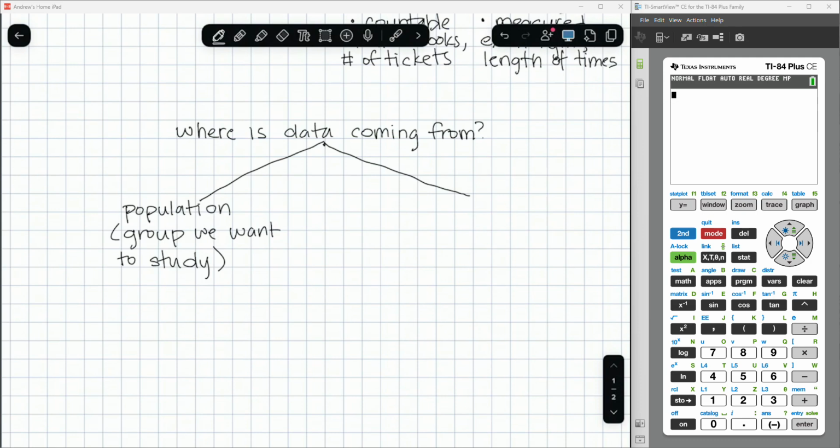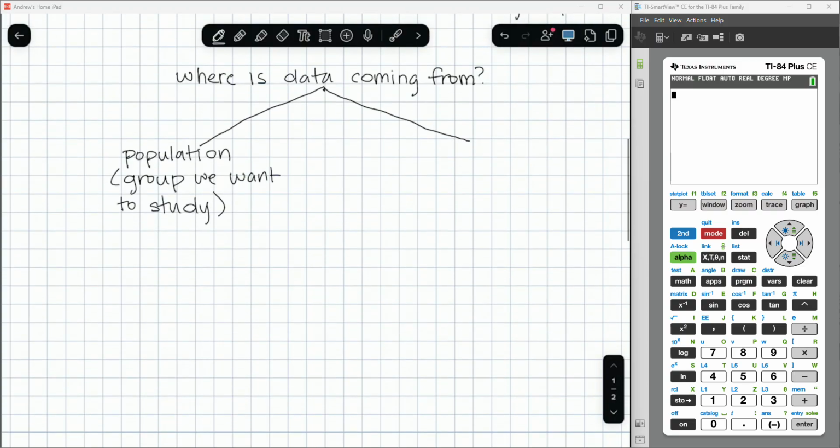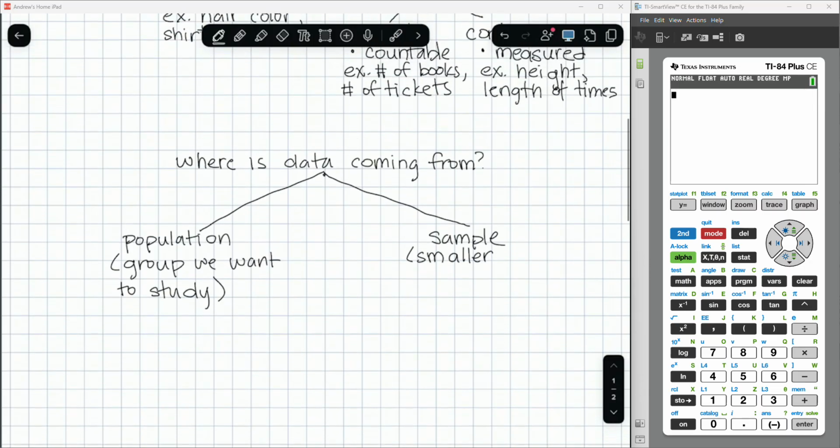Typically, it is difficult to collect data from the population. Our populations are typically too large. If I am doing sociology on a large scale and I'm looking at the entire US, I can't talk to every single adult in the US. I don't have the time. I don't have the money to pay people to do that. That's not practical. So more often than not, our data is coming from a sample. And a sample is a smaller subsection of the population.